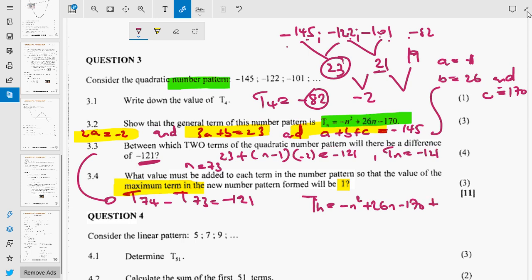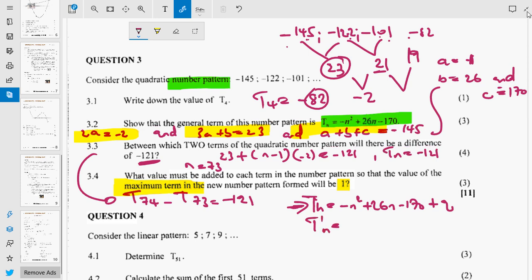I want to add something here, and I want the maximum term to be 1. Okay, maximum reminds me of calculus. So if I differentiate this expression, then calculate n, then I'll get the position where I will find the maximum term. Okay, let us do that.